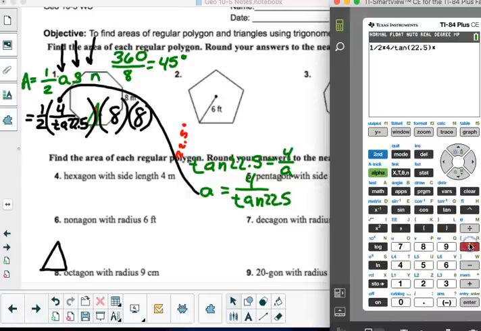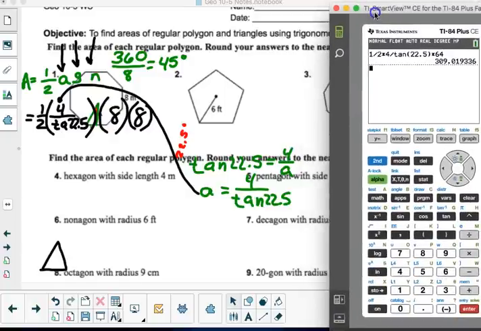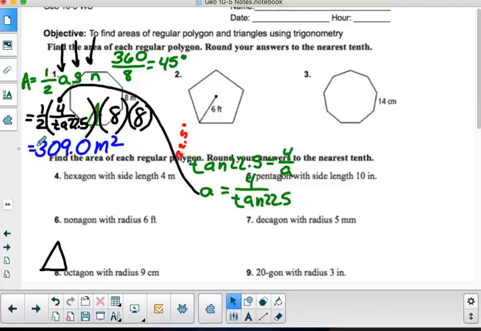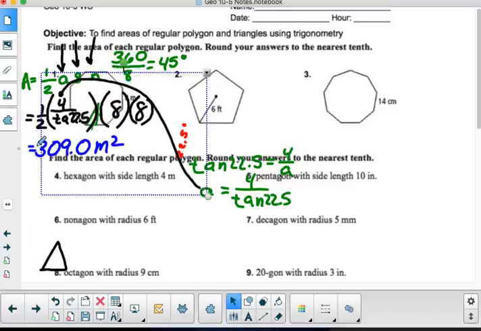That's 8 times 8. And that'll equal 309.019, but I'm supposed to round my answers to the nearest tenth. So my answer here is 309.0 meters squared.